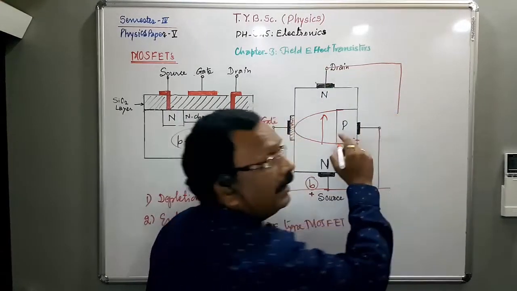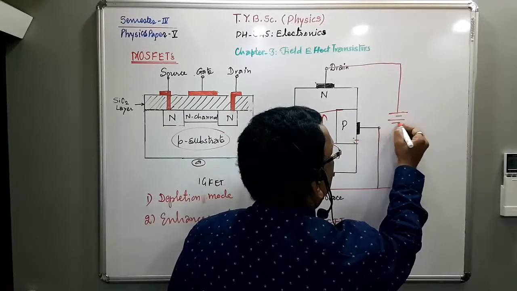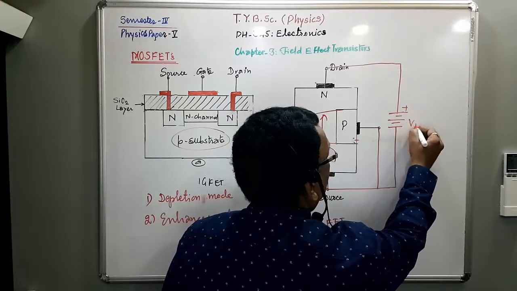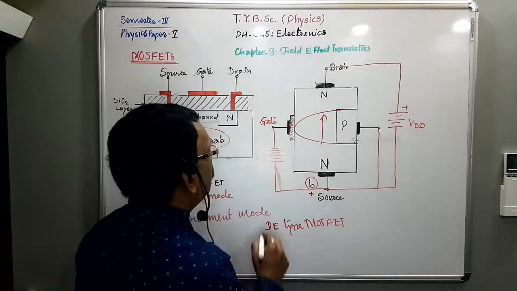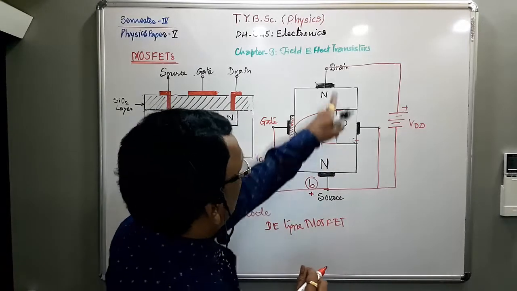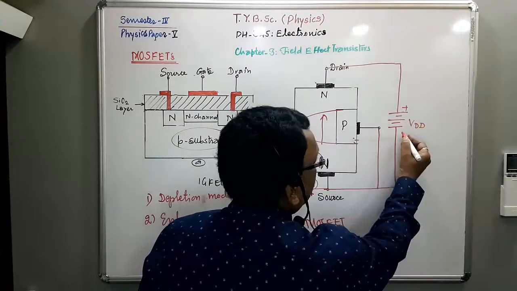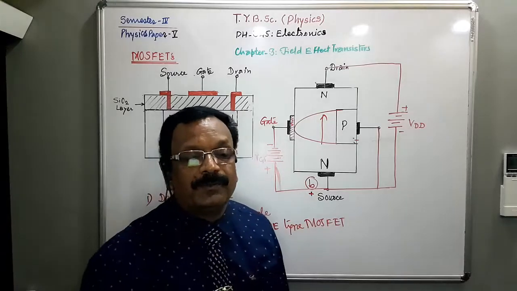This is VDD, and this is VGS, the voltage between gate and source. Here this is negative polarity and this is positive polarity.